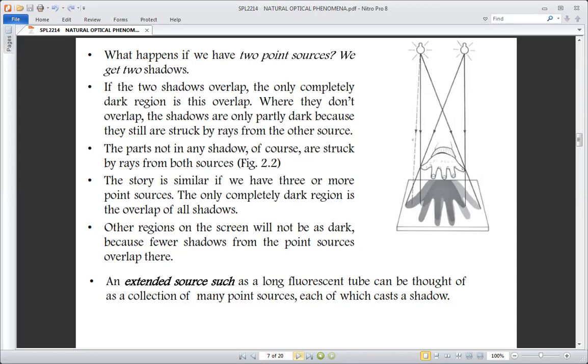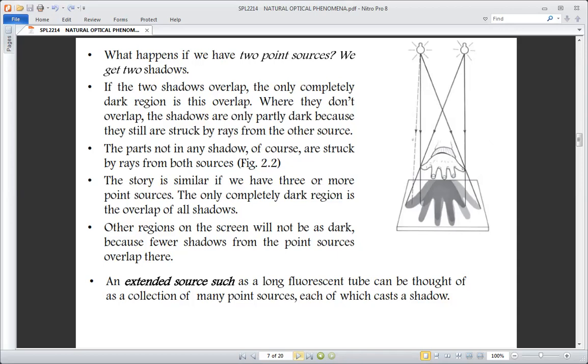And of course, we are going to discuss the central part, which is more dark, and the area around, which is gray in color. So an extended source will produce two regions of shadow. The central part will be very dark, and on the periphery you will have shadows that are gray in color.